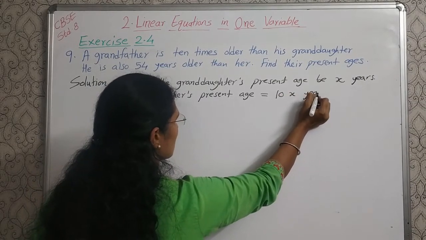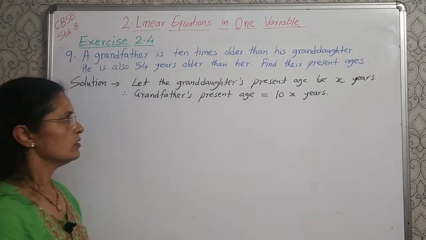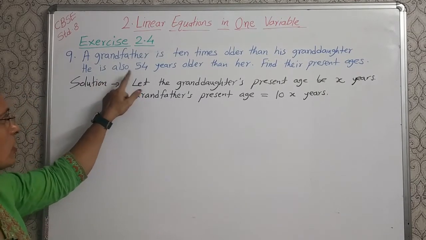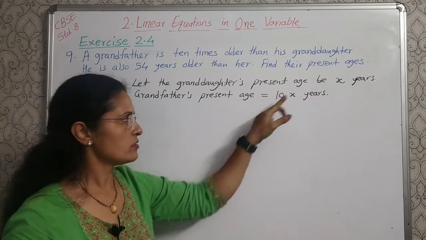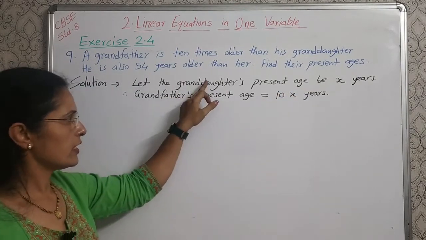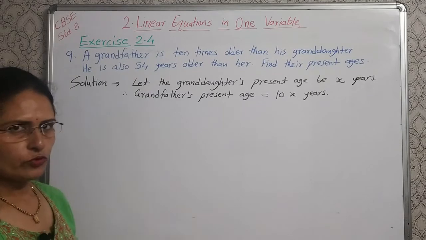Now the condition is given he is also 54 years older than her. It means the age difference between grandfather and granddaughter is 54 years.